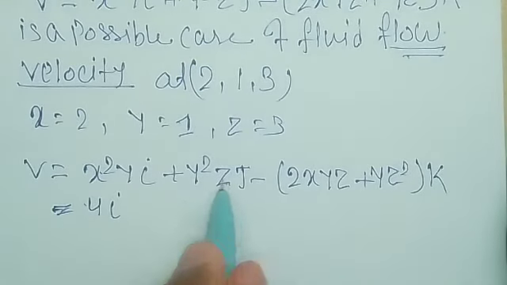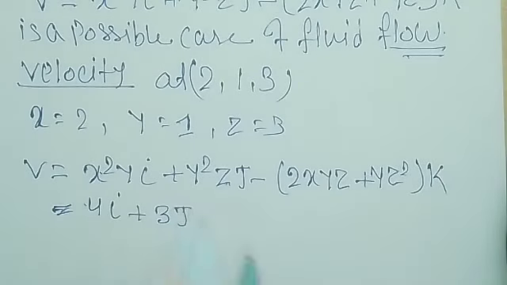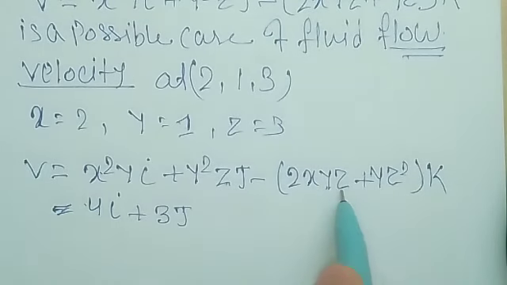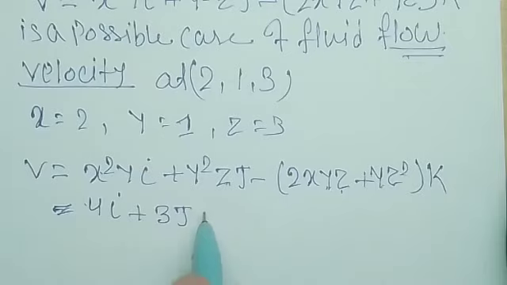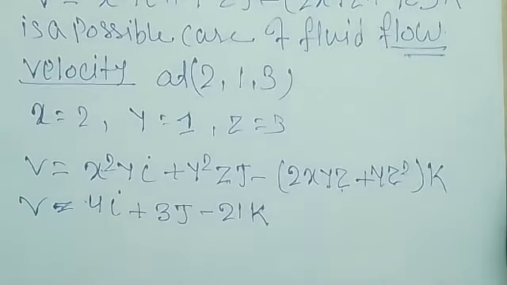This is 1 into 3, plus 3j. Then 2 into 2 is 4, into 1 into 3 is 12, and 1 into 9; 12 plus 9 is 21, so minus 21k. This we got, right?